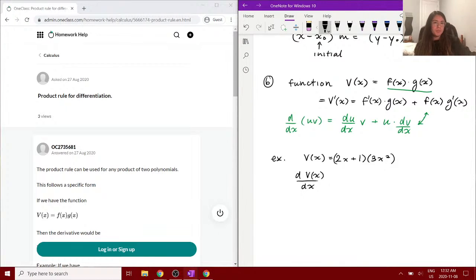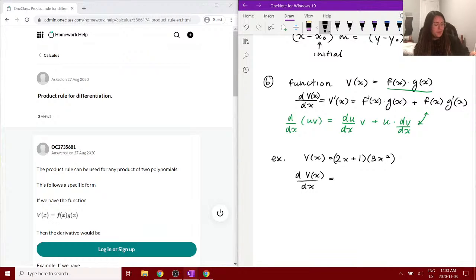And I just want to make it clear that this is the same thing as saying dv by dx using the prime notation. These two both are just saying the derivative of the function v, okay? So just to be clear, the notation means the same thing.